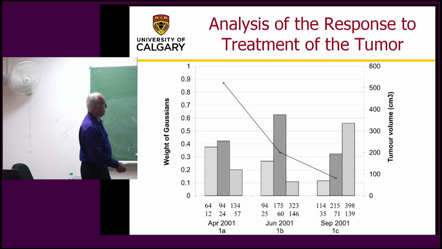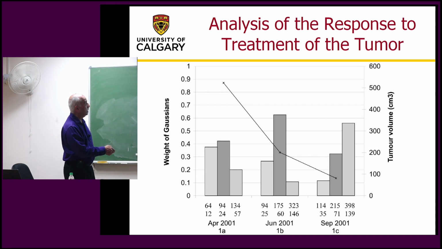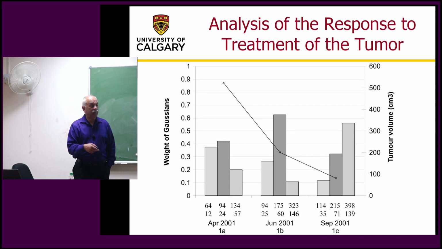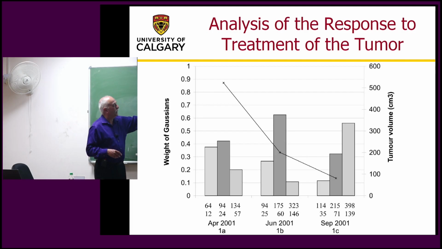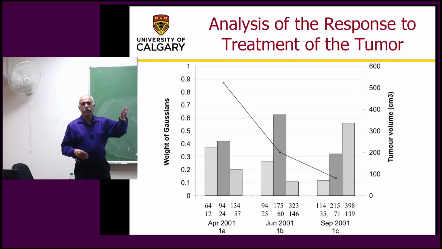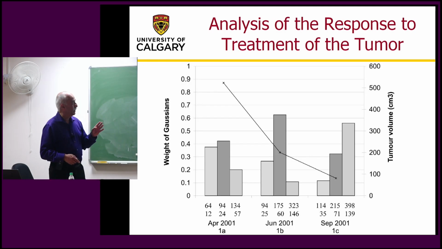The mean, standard deviation are here. The weight of the Gaussians shown here. So the weights of the higher density calcified tissue parts have gone up. That is what is expected in response to therapy. So this is quantitative analysis of response to treatment of the tumor using manually segmented regions.